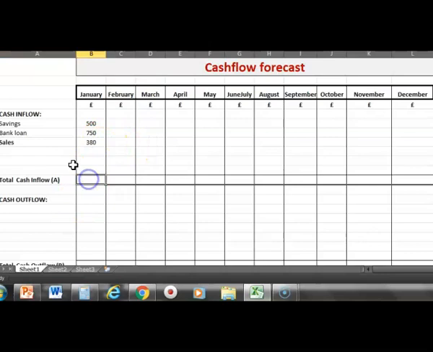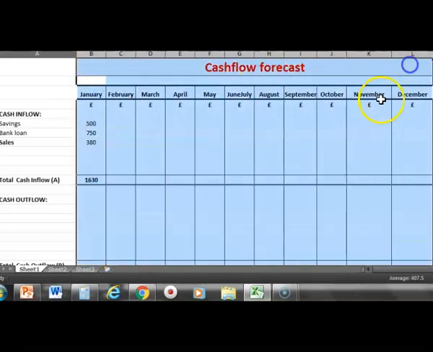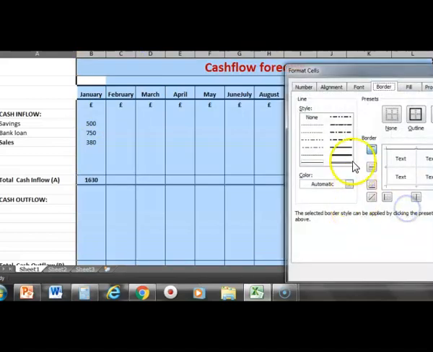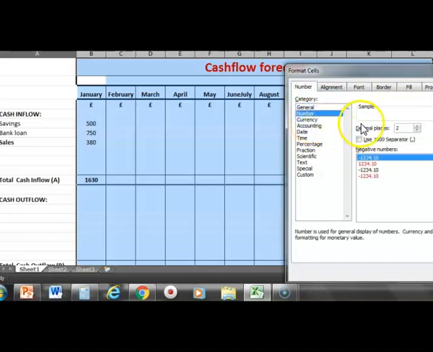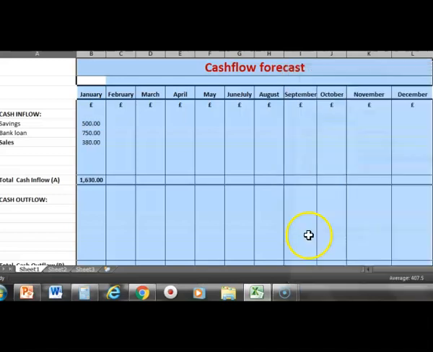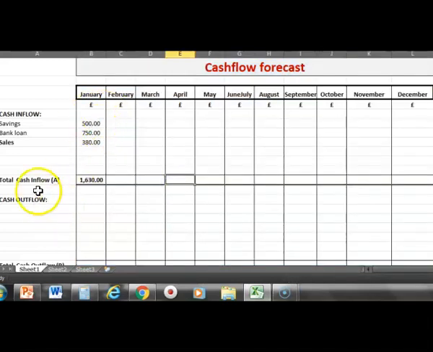So when they add everything together, they had 1,630. All right, that's what I want to do now. So the total cash flow is 1,630.